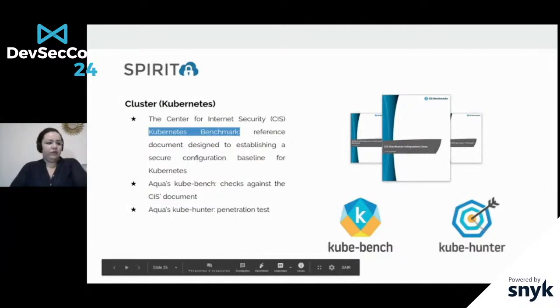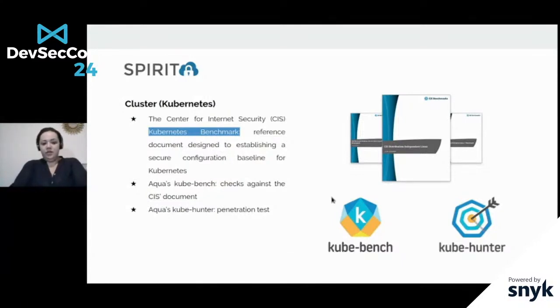Likewise, it is a document designed to establish a security configuration baseline for Kubernetes, and you can check the document, of course. And if you want to test Kubernetes security against this required list, you can use KubeBench to automate this test inside your pipeline, and you can also use KubeHunter. KubeHunter is a kind of penetration test. Both are developed by Aqua, and Aqua has a large amount of documentation.